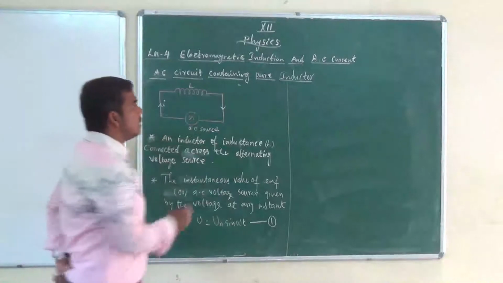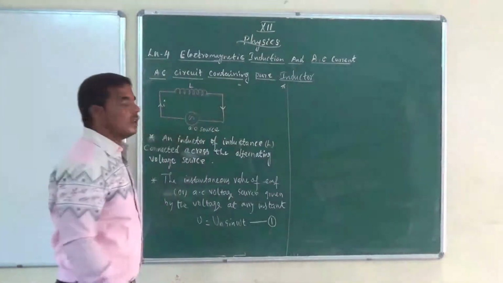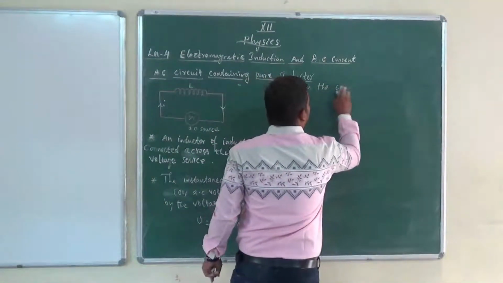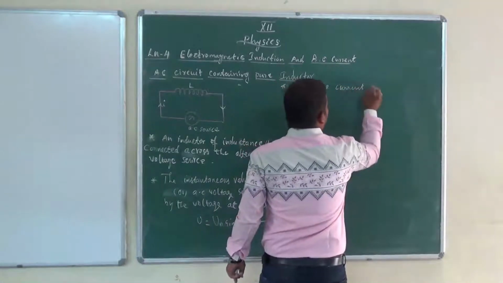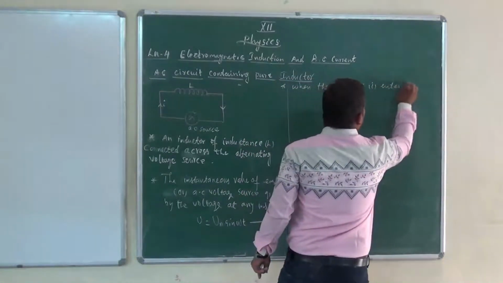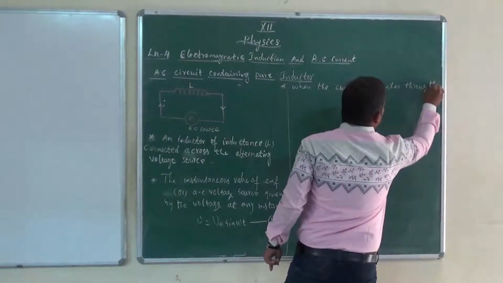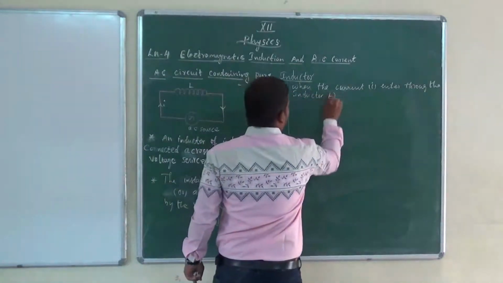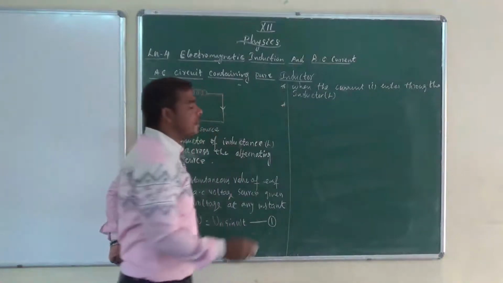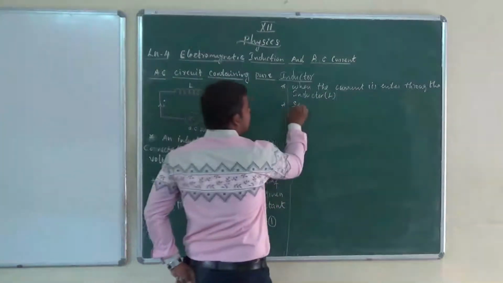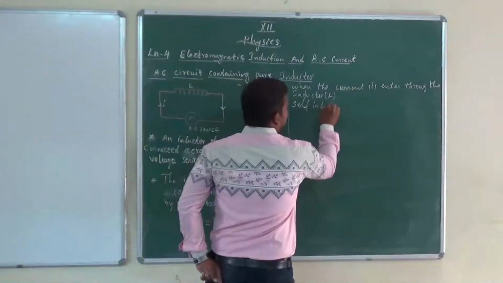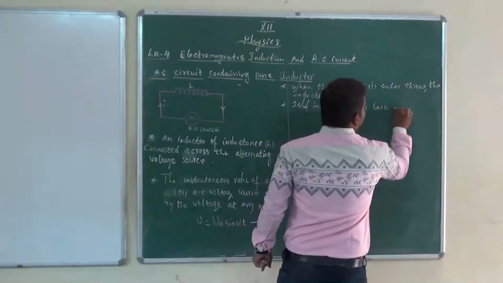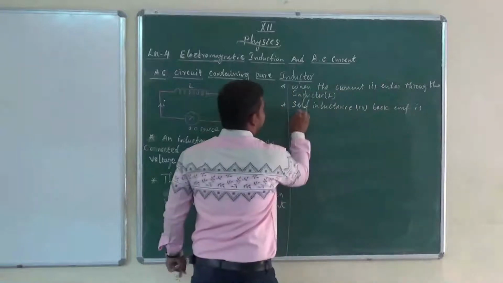Now we are applying the condition. When the current, here current represents the alternating current, current I enters through the inductor L, what happened? Self EMF or back EMF is generated.